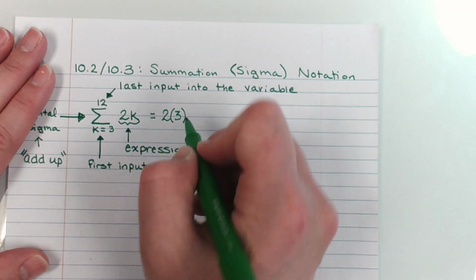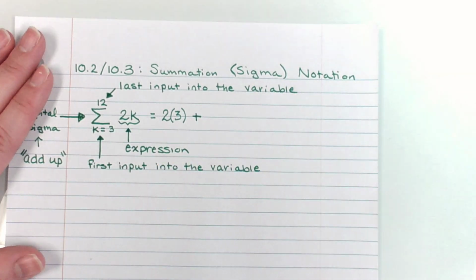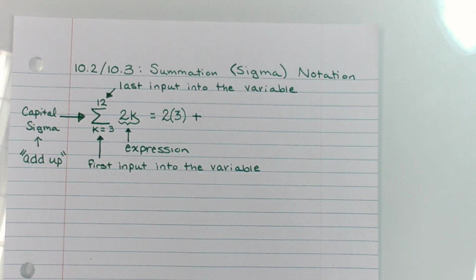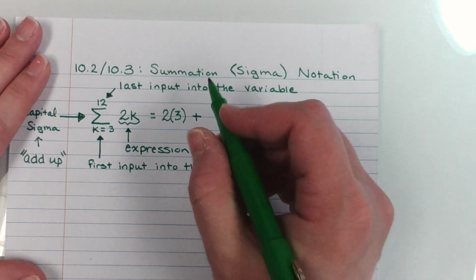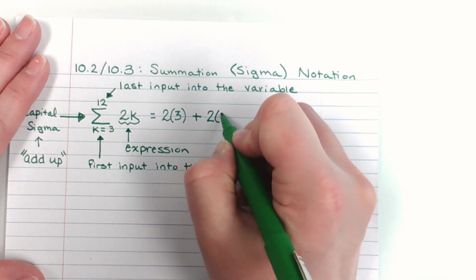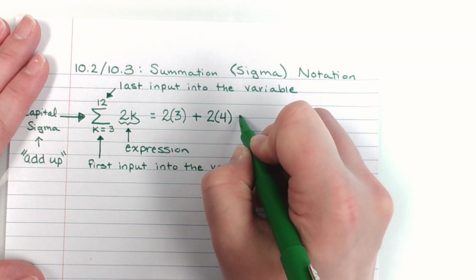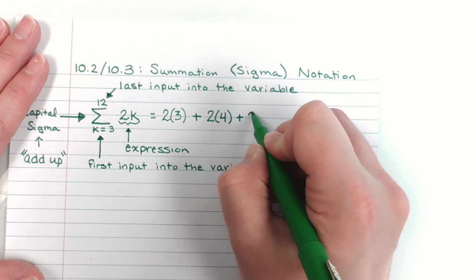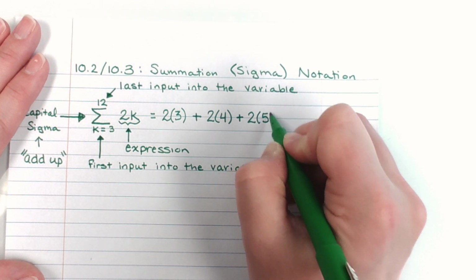That's the end of the expression, so now we do our plus sign. And what we do is we increase the value of k by 1 up until we get to this number up top. So the next number I plug in is 4. That's the full expression, so I do a plus sign. Then the next number I plug in is 5.